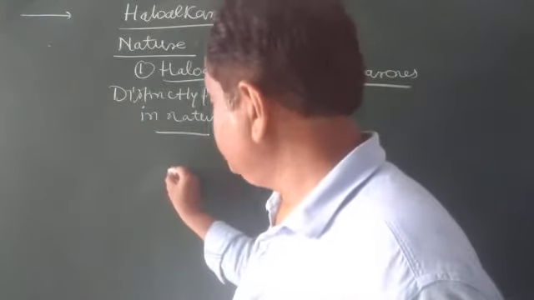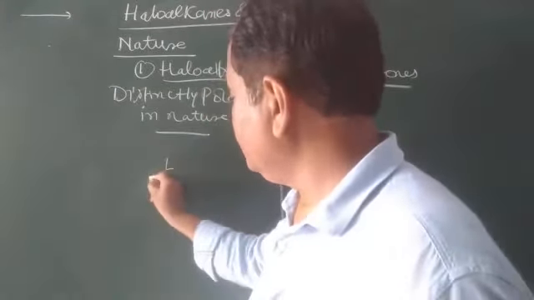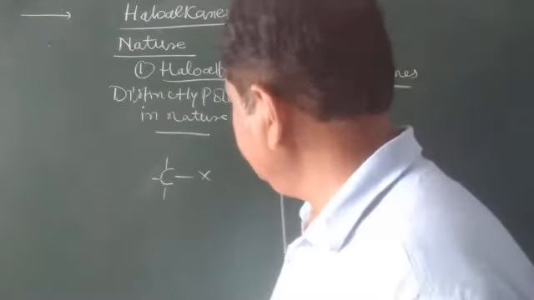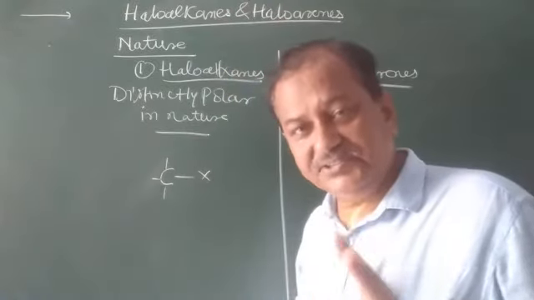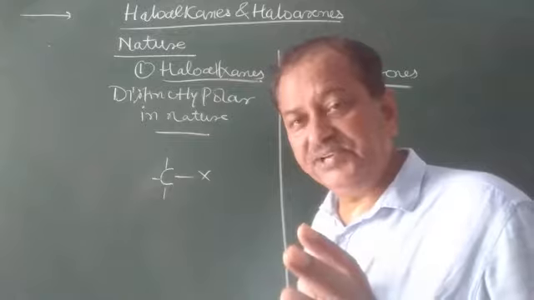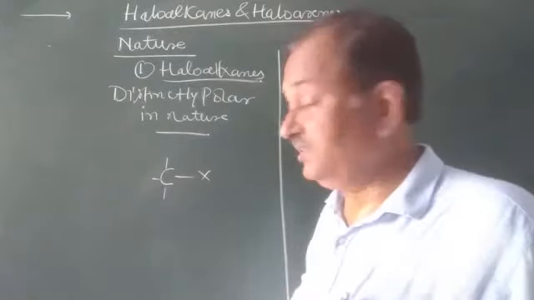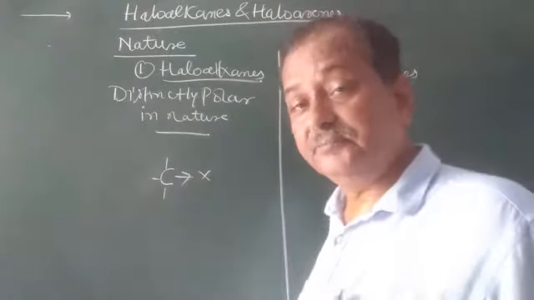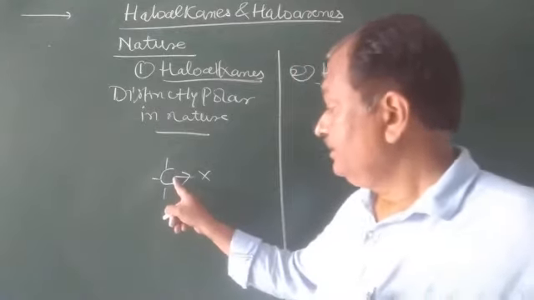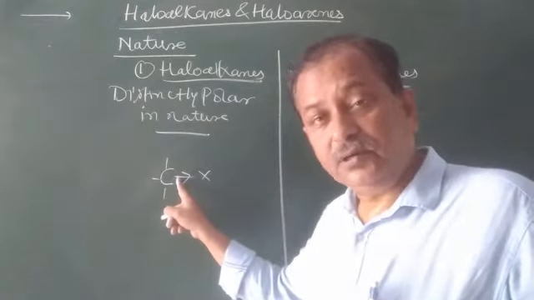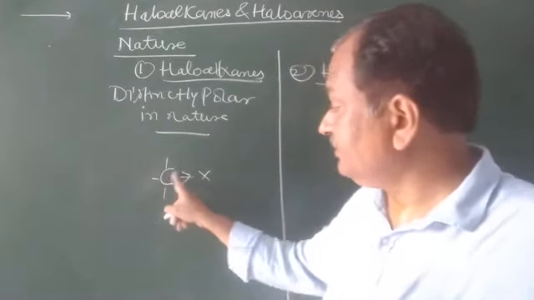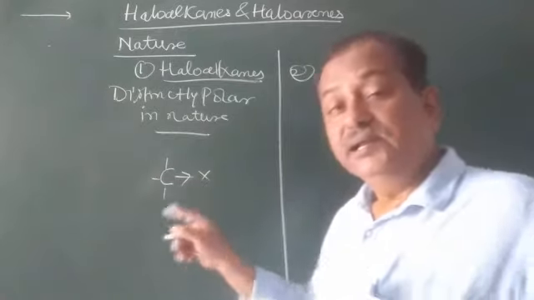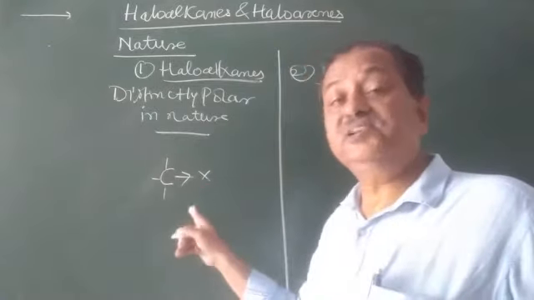How is it possible? If I put the C here and the X here, halogens have a very strong tendency to withdraw the electron pair. So the bonded electrons between this carbon and this halogen will be attracted and shift toward the halogen.